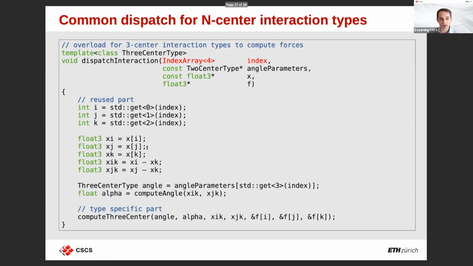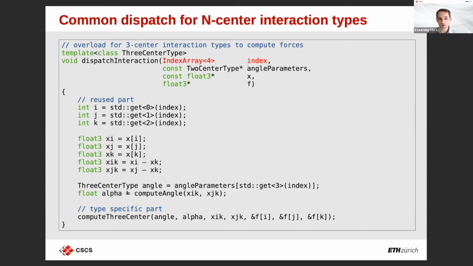But I can actually add further overloads to also handle angles. Since there I know that the index array will have 4 integers, I can add an overload. And one thing that all the angles have in common is that you need to compute the distances from the central atom to the atoms at the peripheries.